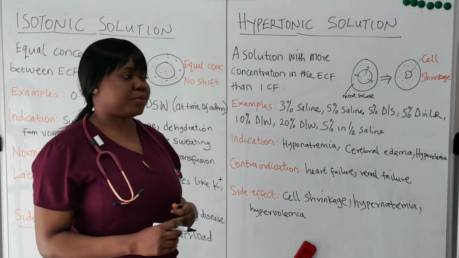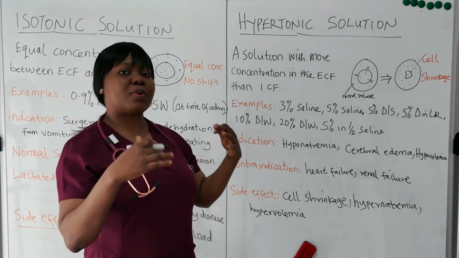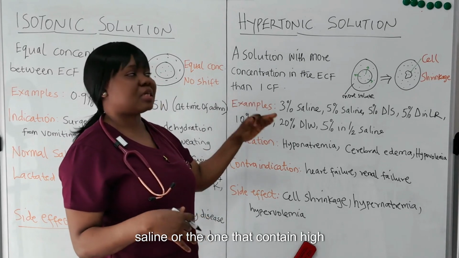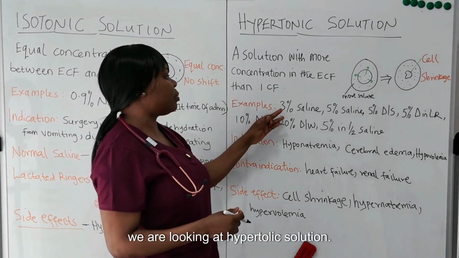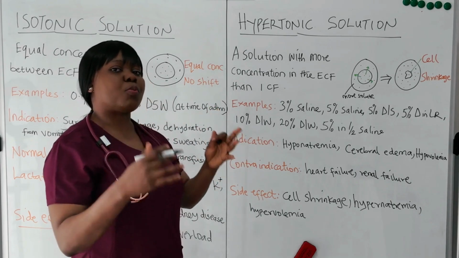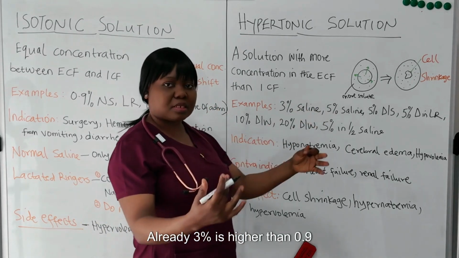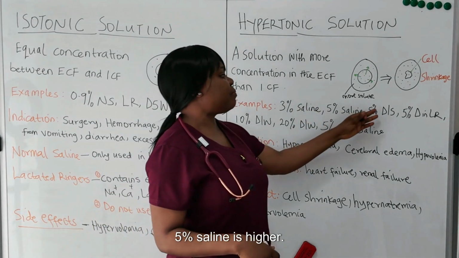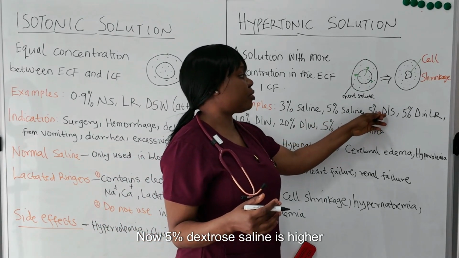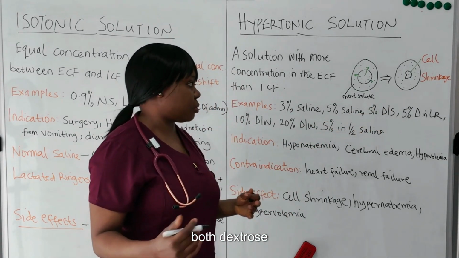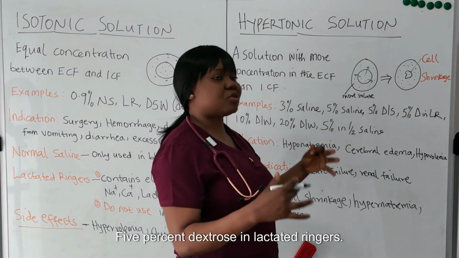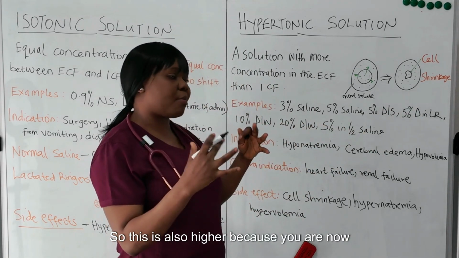So let's look at the examples. Anything higher than 0.9% normal saline, or the one that contains high glucose, we are looking at hypertonic solution. Examples include 3% saline. Already 3% is higher than 0.9%. 5% saline is higher. Now 5% dextrose saline is higher, because you are talking of a mixture of both dextrose and saline salt. 5% dextrose in lactated Ringer's is also higher, because you are combining two.